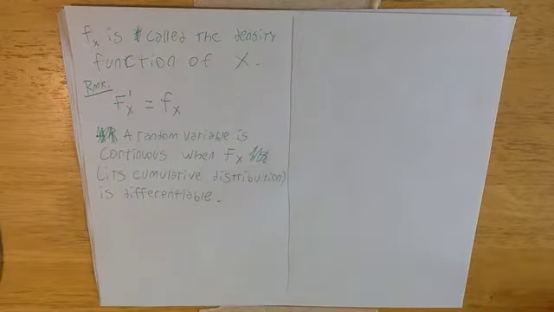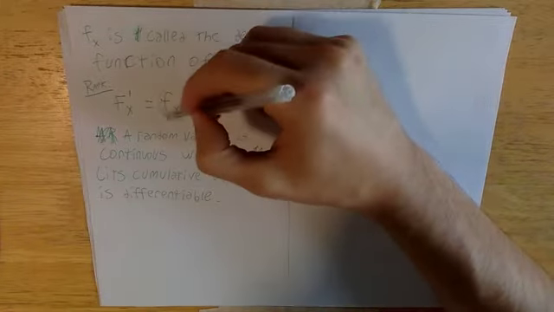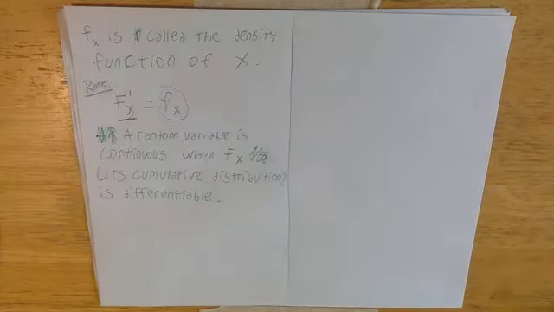Okay, and so a way that we can calculate little f of x is by taking the derivative of the cumulative distribution. So if we have access to the cumulative distribution, we can calculate little f of x. Okay, so going back to the example.